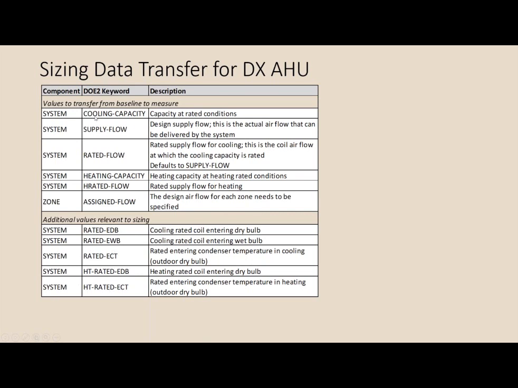For example, cooling capacity specified on a cut sheet is going to correspond to some entering dry bulb temperature, entering wet bulb temperature, and entering condenser temperature. And if it's different from the AHRI standard, you would need to enter those values into these keywords down here. Similar for if you have a heating system, like a heat pump system, there's similar keywords for those.